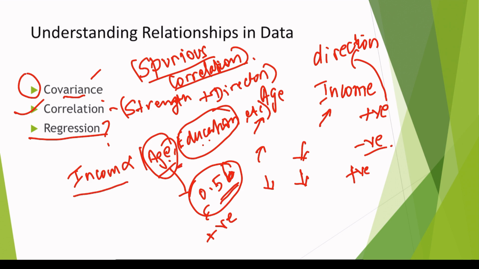Like income. Income depends on age and education. Within education, somebody is having a graduate degree and the other is not having a graduate degree. If I have to find how much the income will increase if the person is a graduate, for that I would need to do a regression analysis.